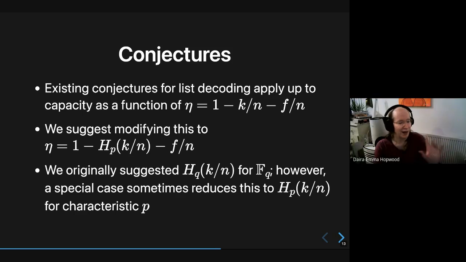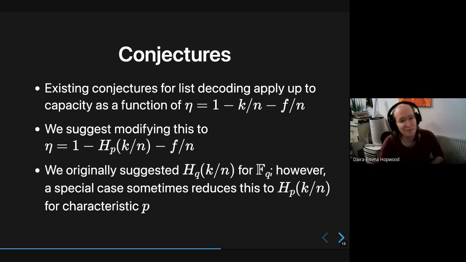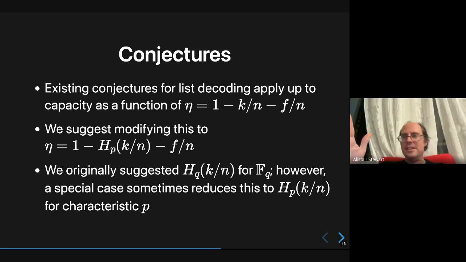So, not to put you on the spot, Dan, because this is very complicated, but how confident are you that this is the correct fix for the subfield case? Right. So I don't think this is... I'm okay. We don't know. We made a conjecture 2 weeks ago or 3 weeks ago, and it's already broken.